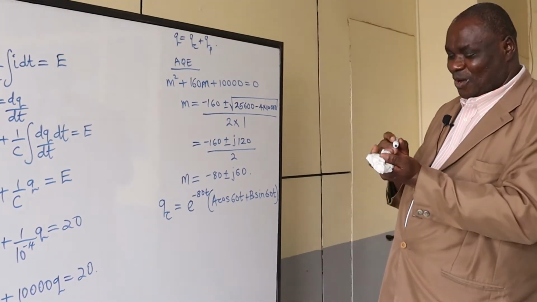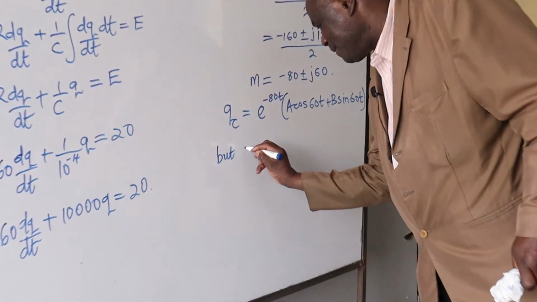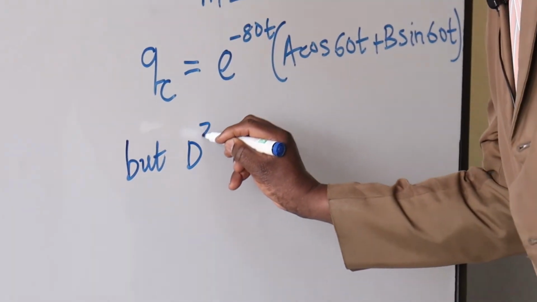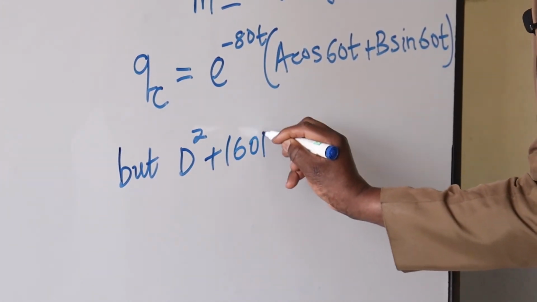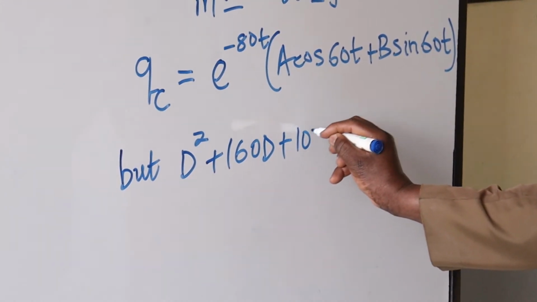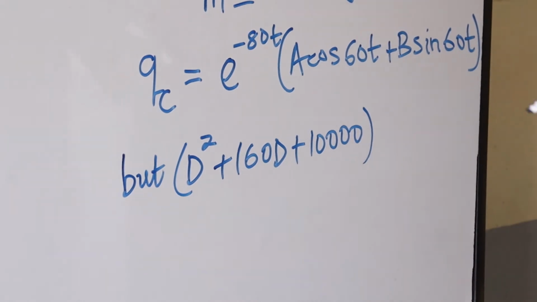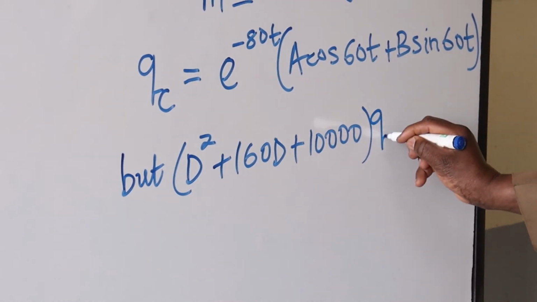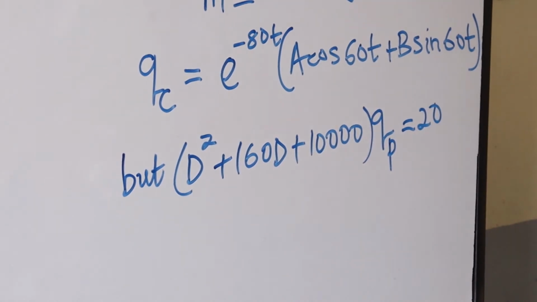Let's now go for the particular integral. We know d squared plus 160d plus 10,000, the whole of this, when it multiplies QP, is what should give us 20.